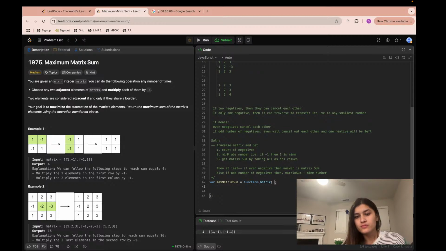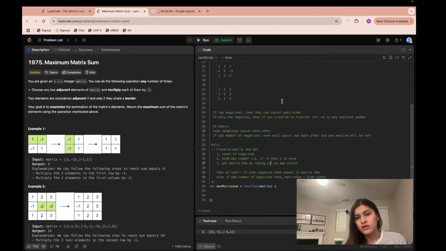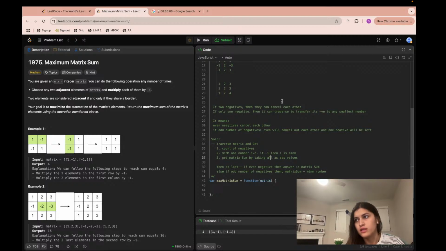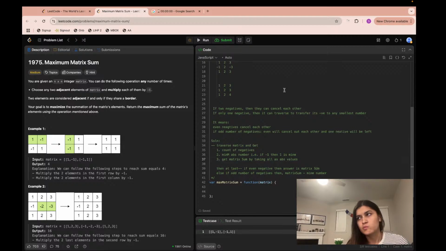I think I would have come up with this solution if I had created more examples. I should have done that.